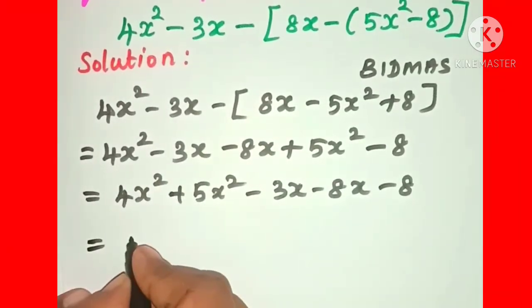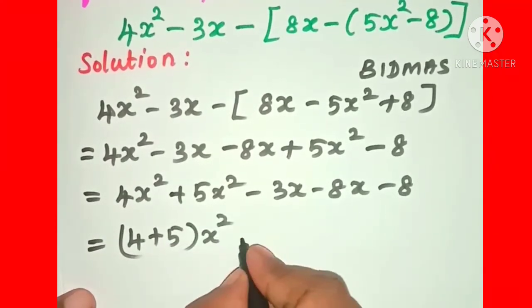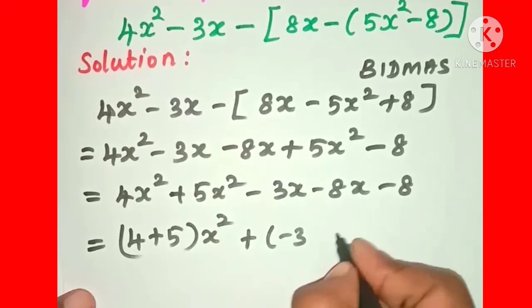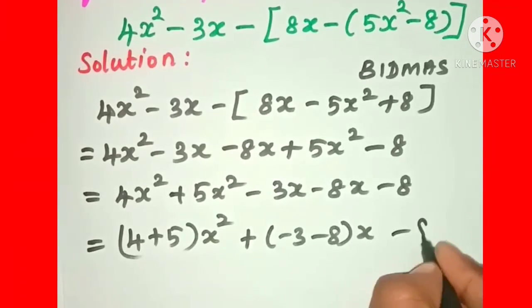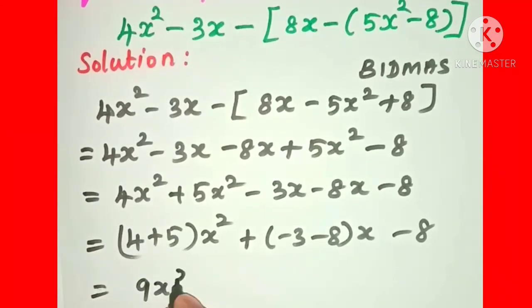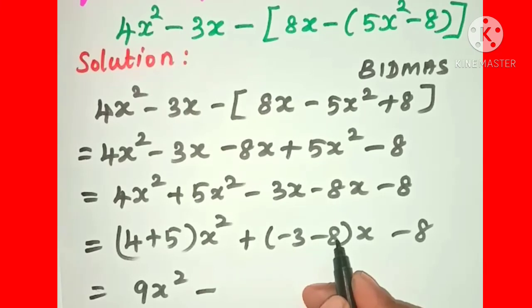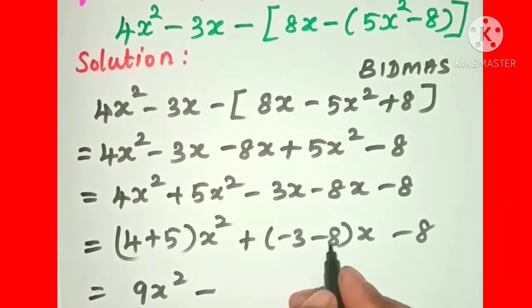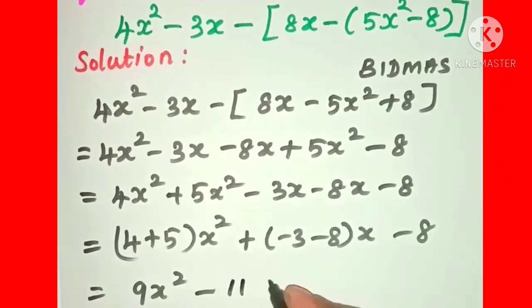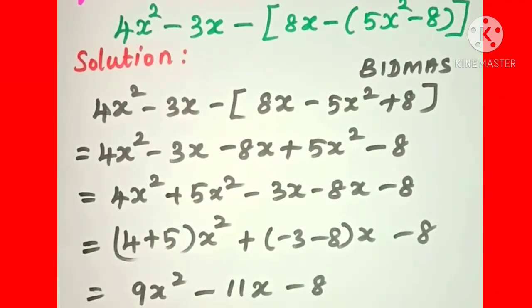So now students, adding the coefficients of like terms, and in the next step 4 plus 5 is 9x square and here 3 plus 8 is 11 and the sign is minus, 11x minus 8. So this is the required expression which is in the standard form.